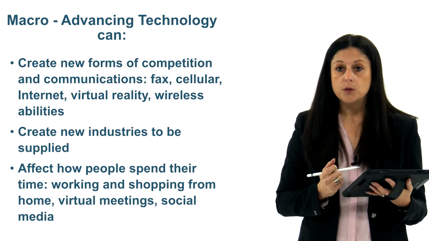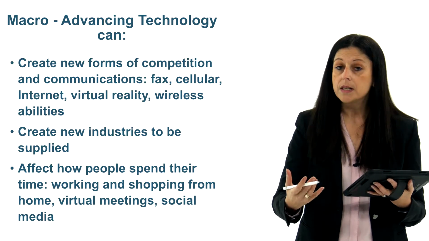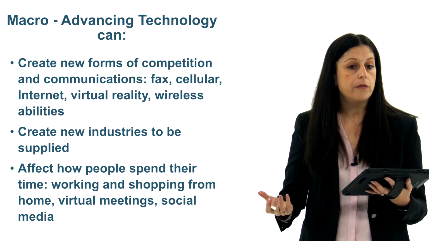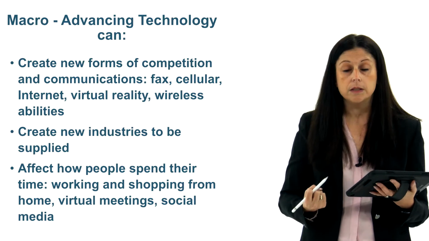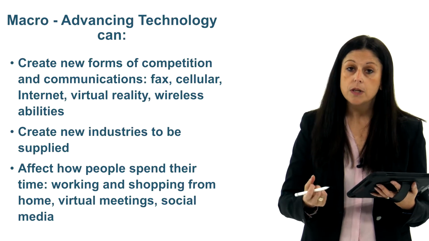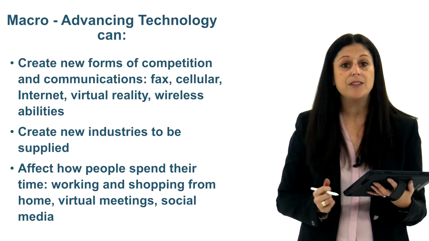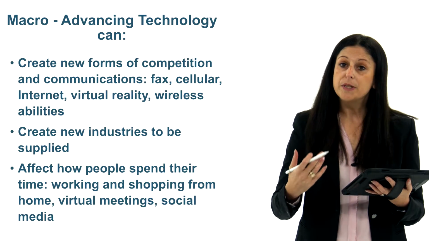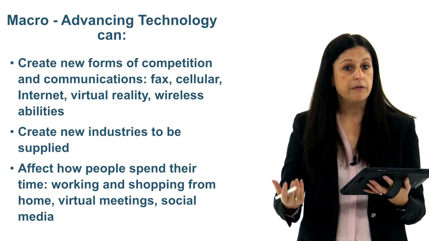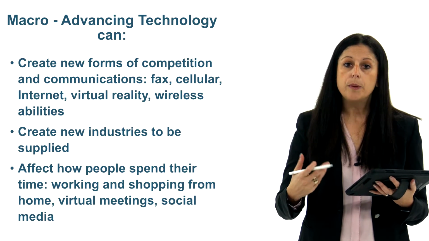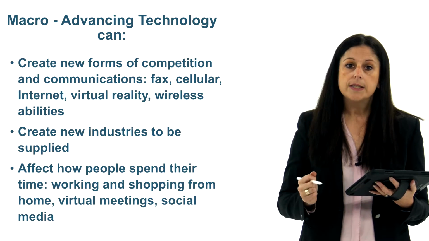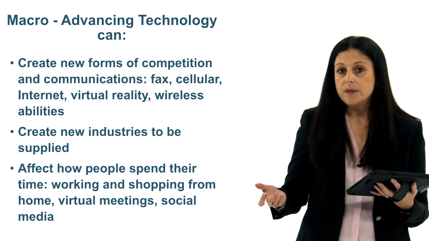With virtual reality, consumers can now experience products in a way they couldn't experience before, which again might take the physical retail store out of the equation altogether. We can also create new industries that now can be supplied that we didn't have before. So it affects how people spend their time. For example, you can work and shop from home these days.